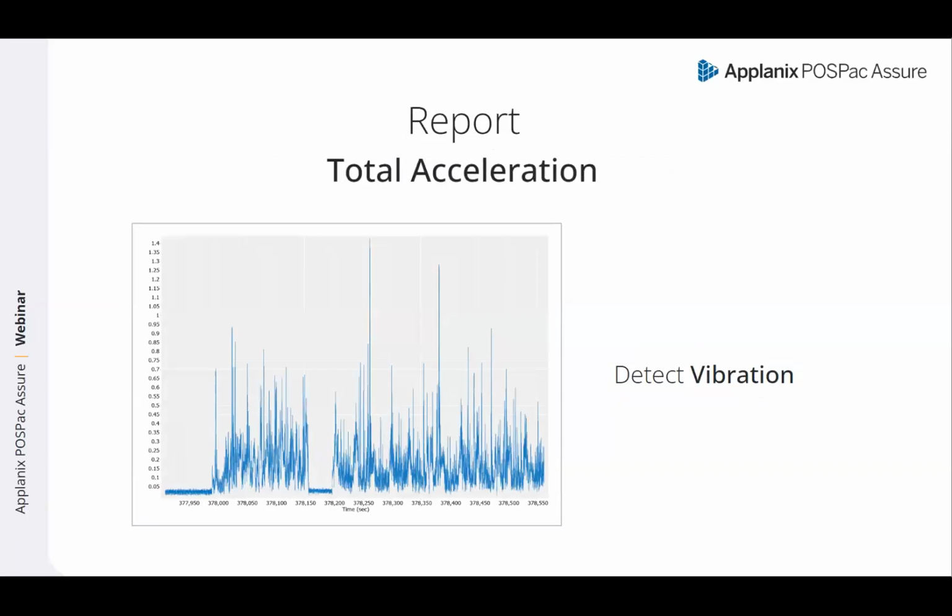And then another example here is the so-called total acceleration. The total acceleration helps to identify platform integration issues related to vibration. So typically the total acceleration should be around 0 to 0.5 G. That's kind of normal.